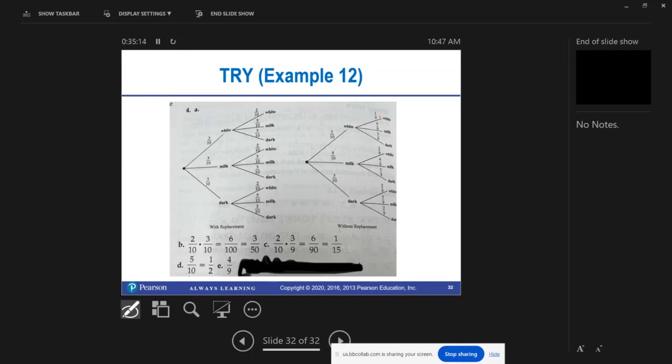So that's where the 1/9 came from. There's still 5 milks, still 3 darks. If you drew a milk the first time, then the milk is the one that changes to 4. There's only 4 now instead of 5. If you drew a dark the first time, then there's no longer 3, there's 2. So that's what that one's about.